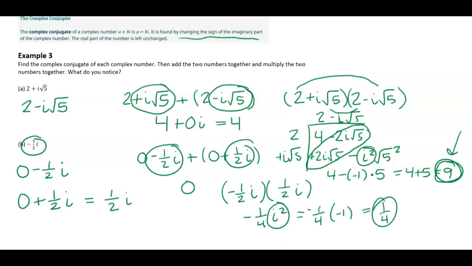A positive real number. Now be careful. I believe it's always, yes, it should always be, because even if these are negative, when you multiply, you get positive. Yes, you should always get a positive real number when you multiply a complex number by its conjugate. Maybe verify that for yourself, but I'm pretty sure that that's always going to be the case.